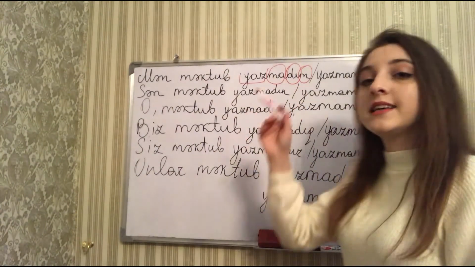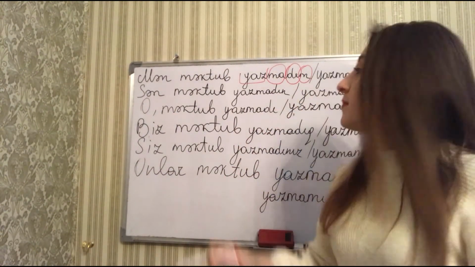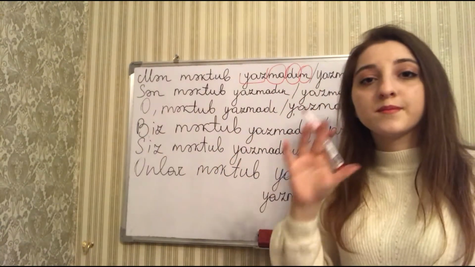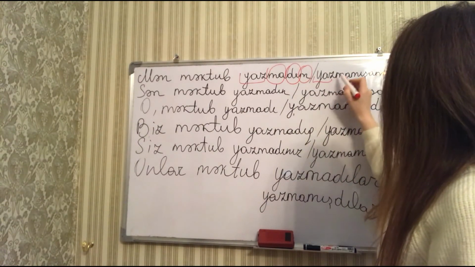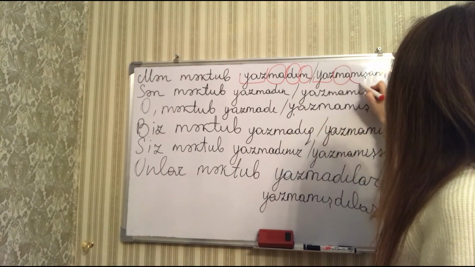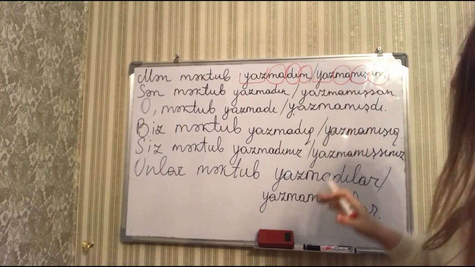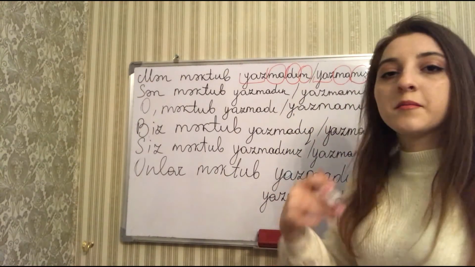Again. Yaz verb. Ma negative form. D past simple. M personal suffix. Yazmamışam. Yaz verb. Ma negative. Mış past.